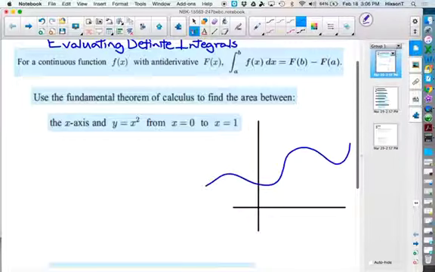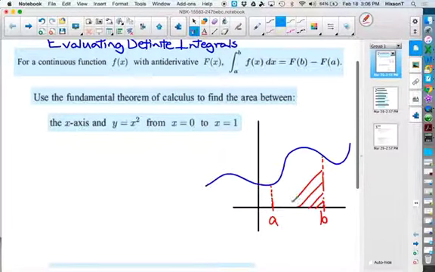If I am finding the definite integral from a to b, let's say a is a value here and b is a value here, what I'm actually finding is the area between the x-axis and the function, but between these two boundaries.